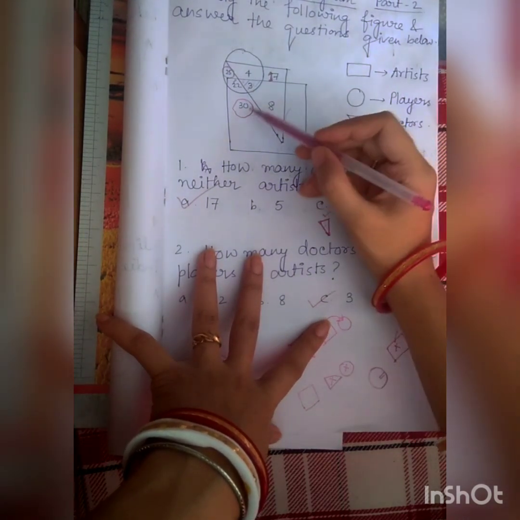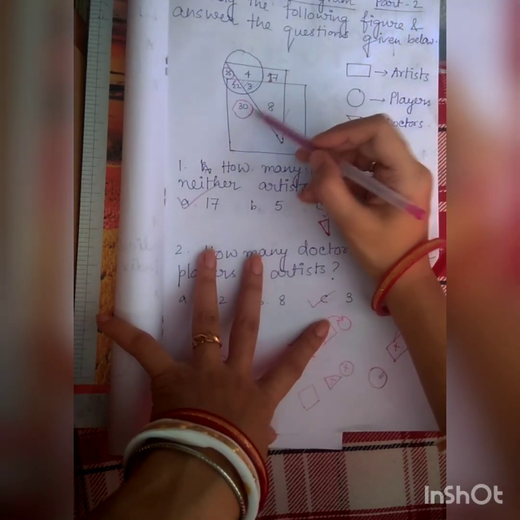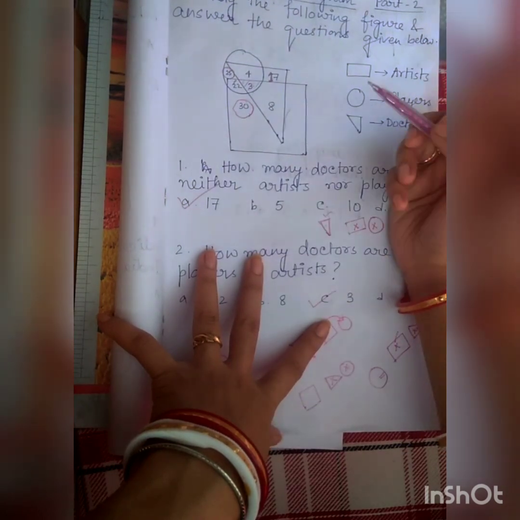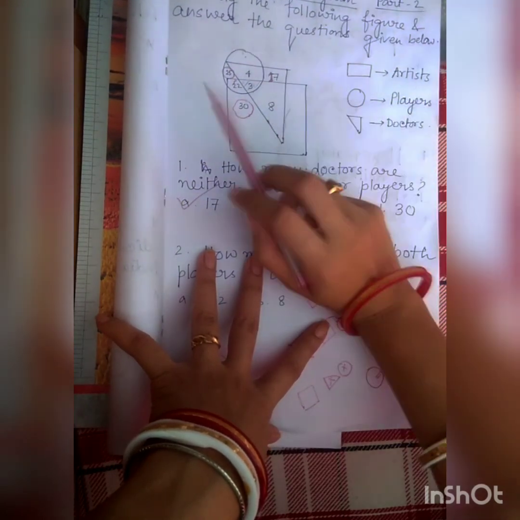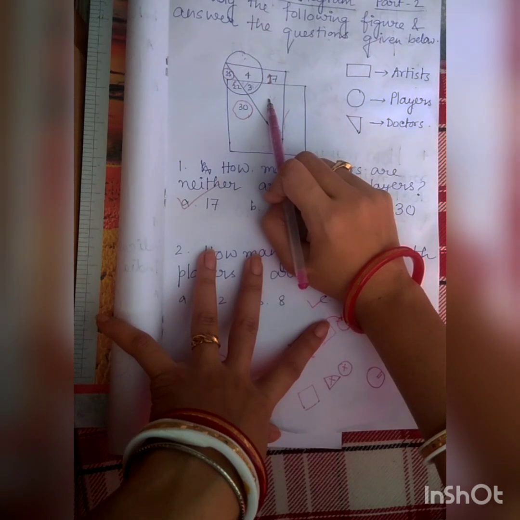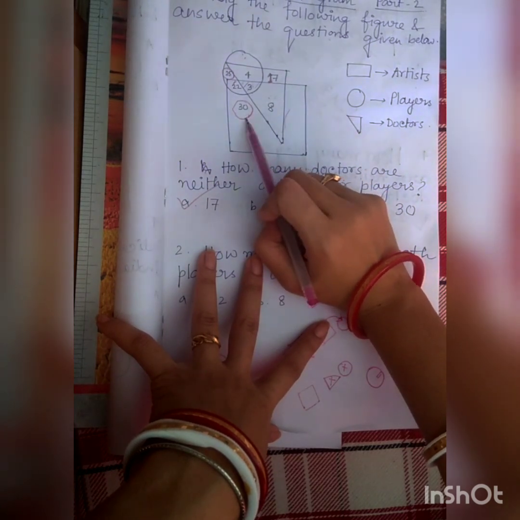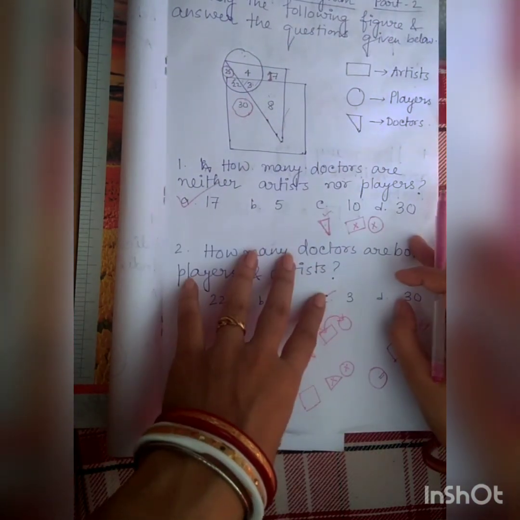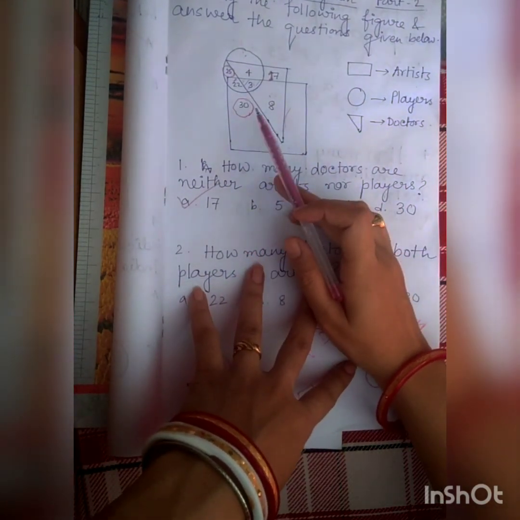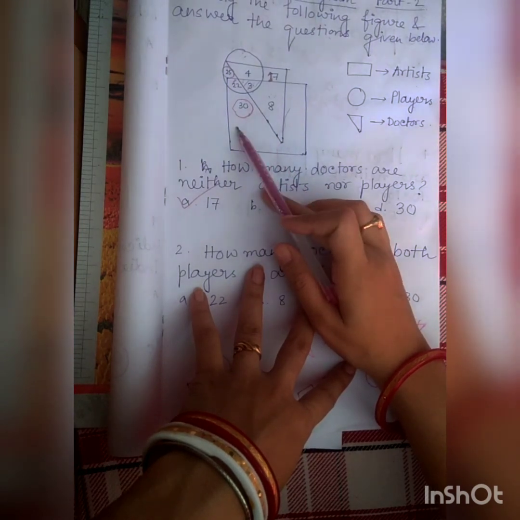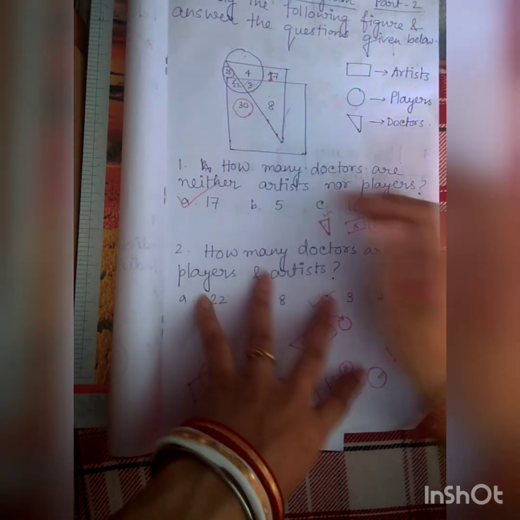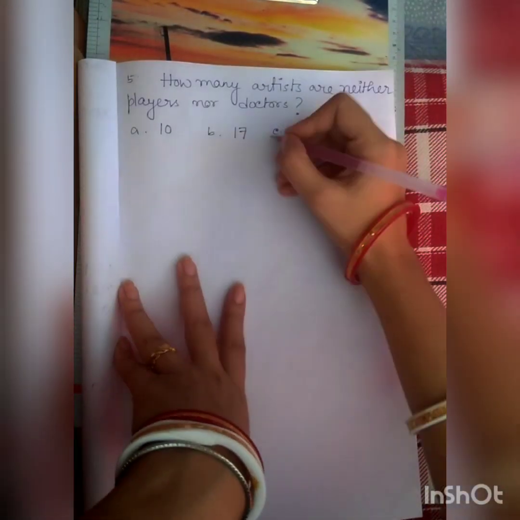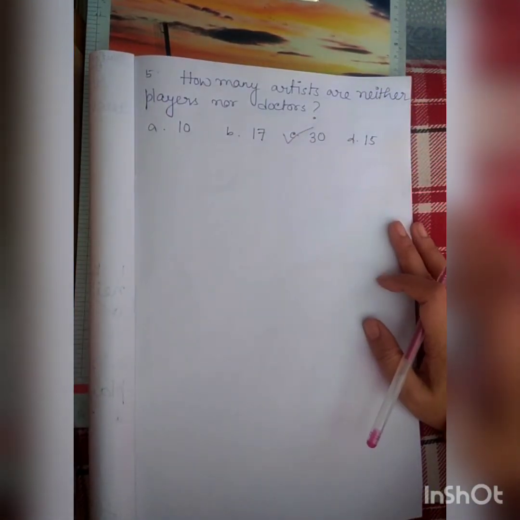You can see that this number is there without any intersection of circle as well as the intersection of triangle. This is the only number which is alone present inside the square. So 30 is the number of artists who are neither player nor doctor. Okay, this was our question and option C will be our answer.